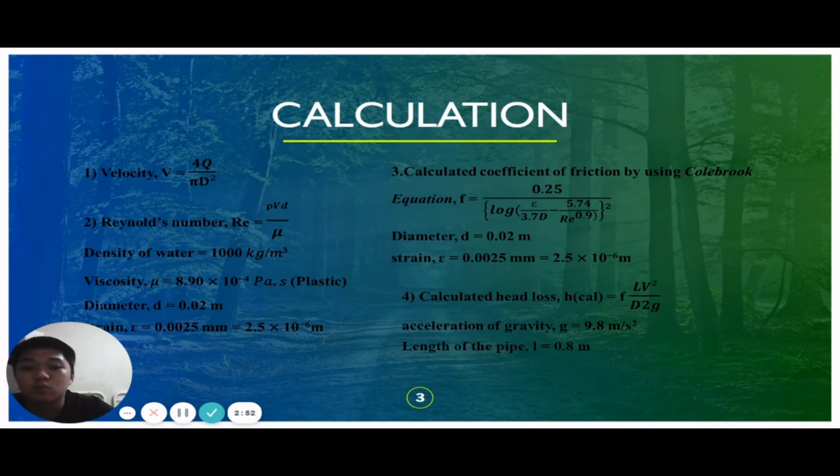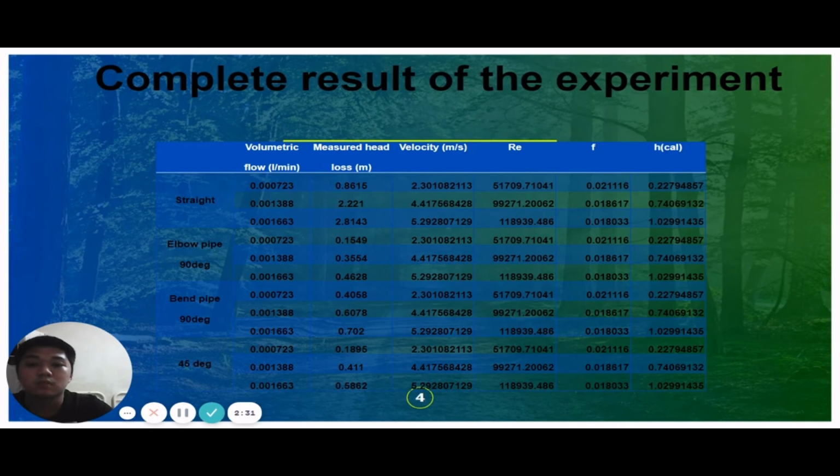The head loss is equal to f L V squared over D 2g, where f is the coefficient of friction, L is the length of pipe, which is 0.8 meters, V is the velocity, D is the diameter, and g is 9.8 meters per second squared. So this is the complete result of this experiment: the volumetric flow rate, measured head loss, velocity, Reynolds number, coefficient of friction, and head loss for the four types of pipes.